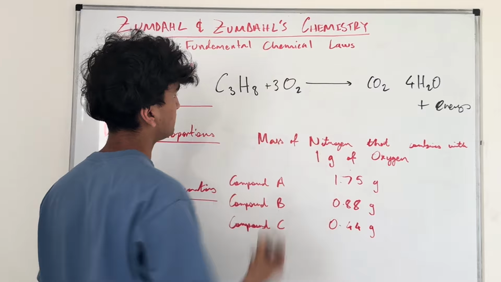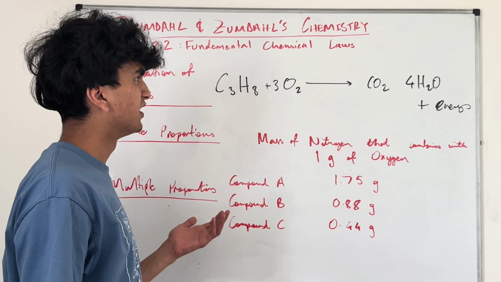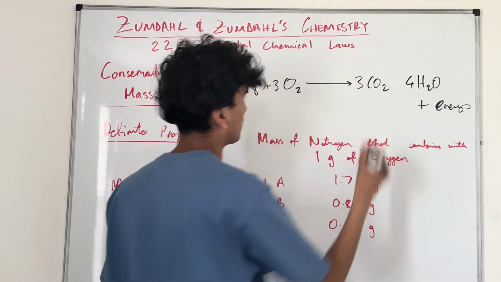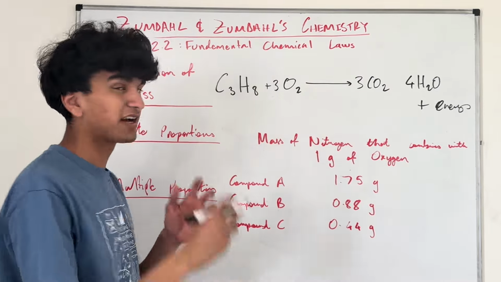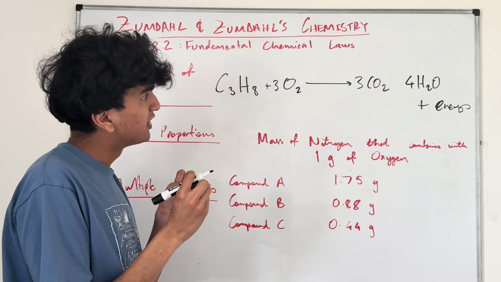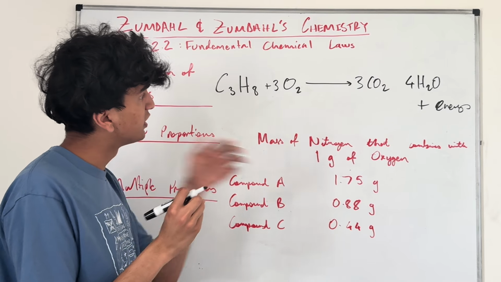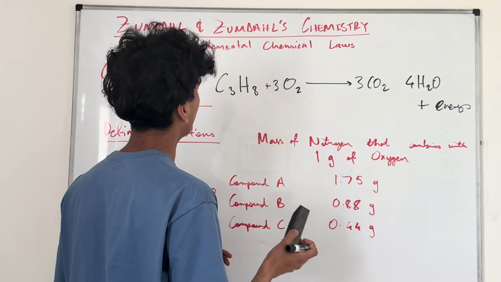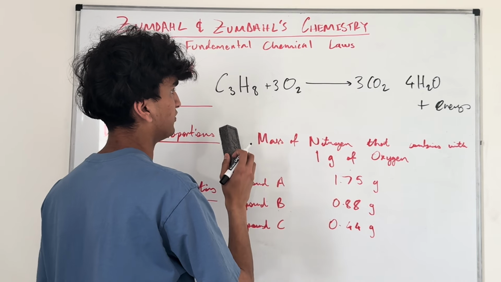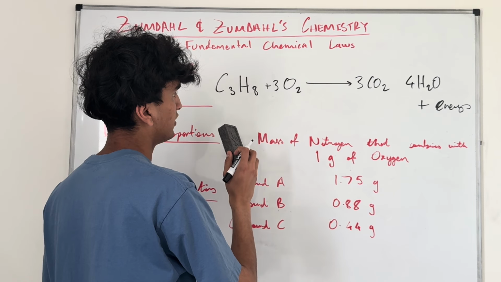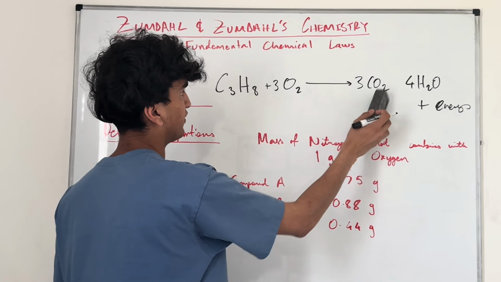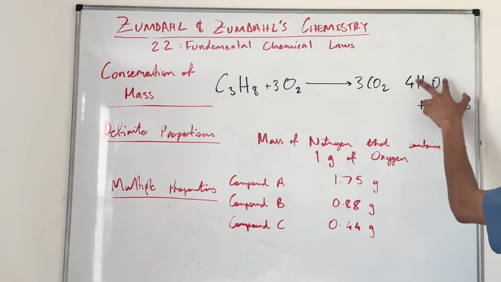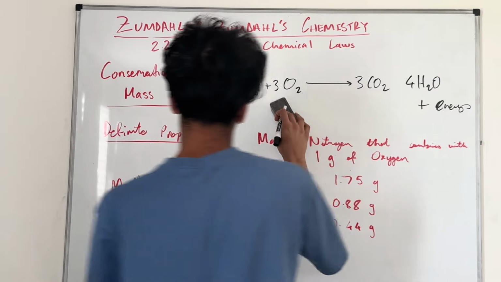But we also need 3 carbons here. I'm not going to go too much into balancing equations, because it doesn't really matter that much, frankly. Now we have 3 carbons there, and that would give us 6 oxygens plus 4 here, so that would be 10 in total, and then you get 5.